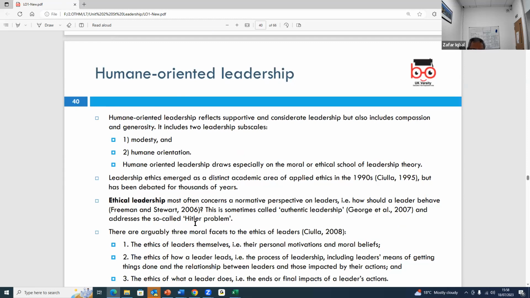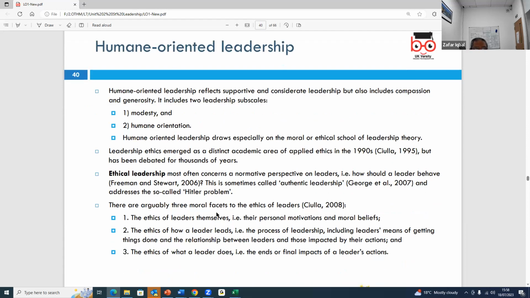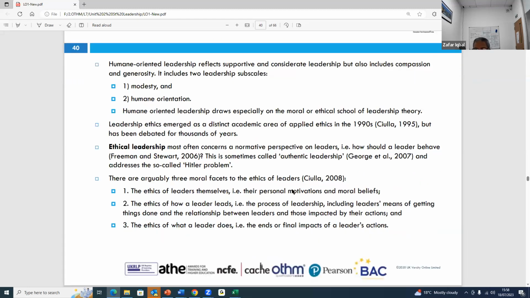Human-oriented leadership, humane leadership, reflects another style of management or leadership. This includes leadership in the sense that people are humane, that people are modest, which means that the humane leaders are as good as ethical leaders, in the sense that they act morally good, they behave ethically good.